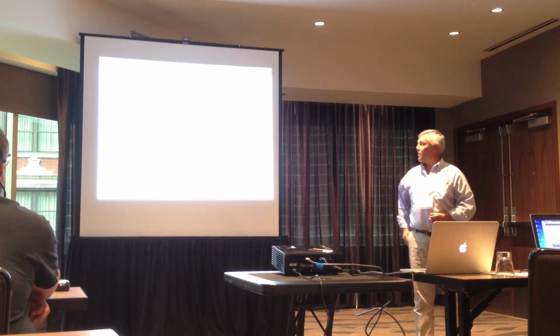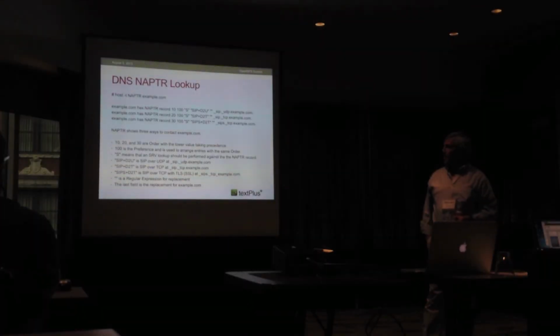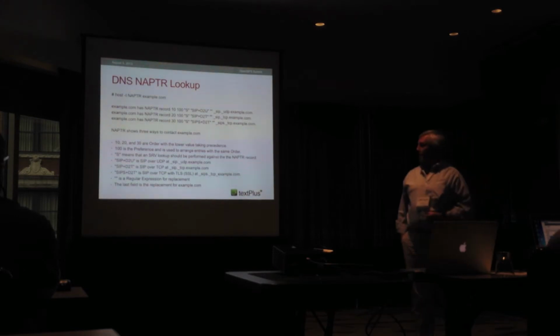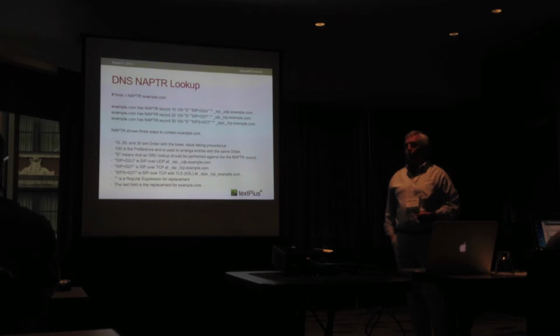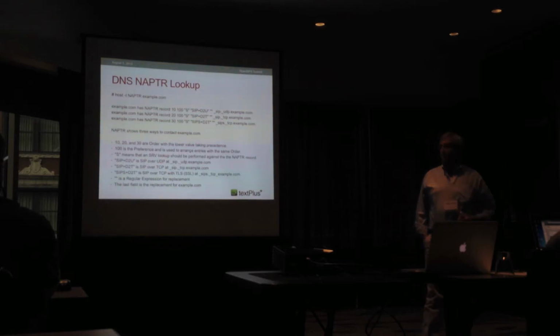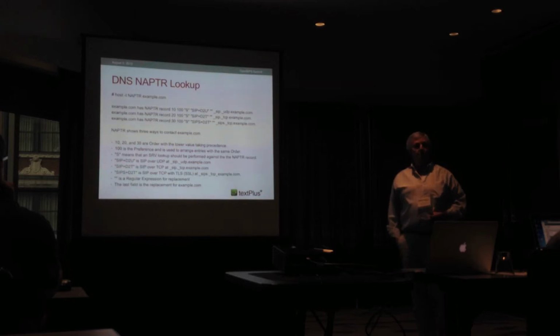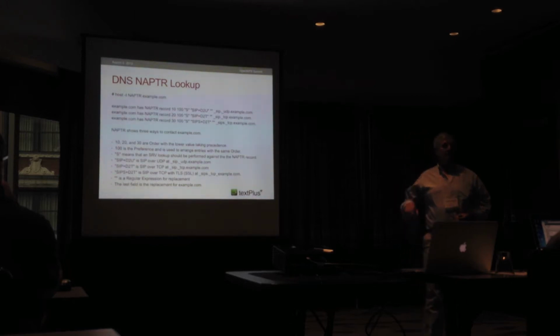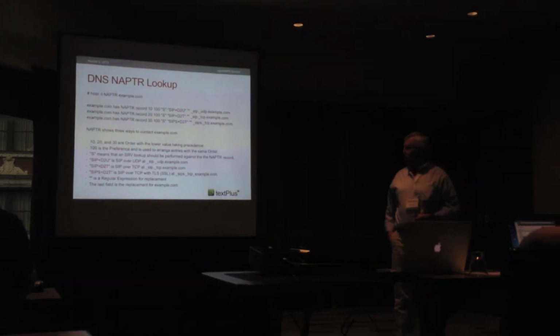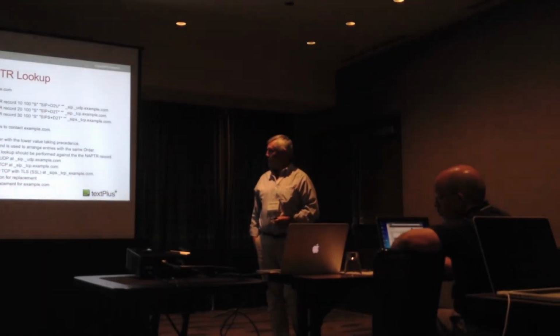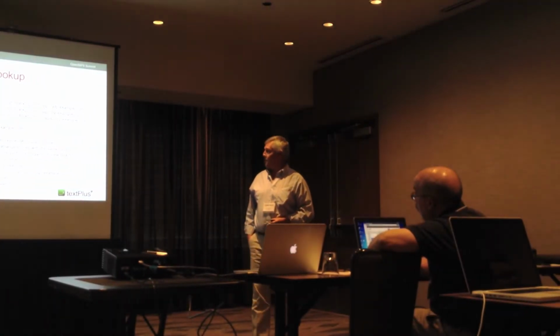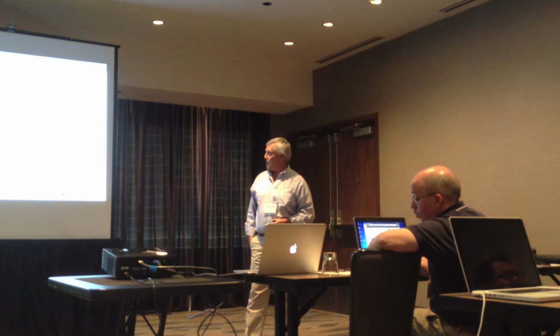The name authority pointer that we're using for example.com, in this case, returned 3 results. The information shows, if you know DNS a little bit, you've got precedence, and you've got ways to arrange results that all have the same precedence or order.